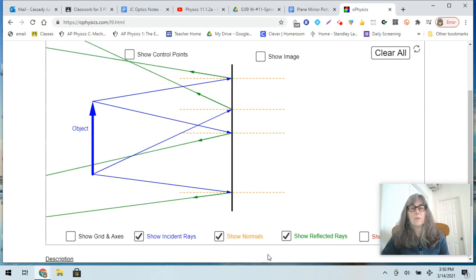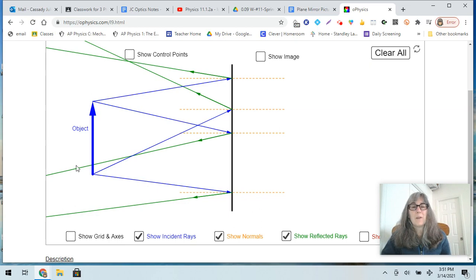So now those are my reflected rays, and those go into my eyeballs. So my eyes are seeing these green rays because those are the ones that are getting to my eye. Now my eyes think that those rays had to have been straight lines because rays of light are straight lines. If you shine a laser, you know that the light goes in a straight line.